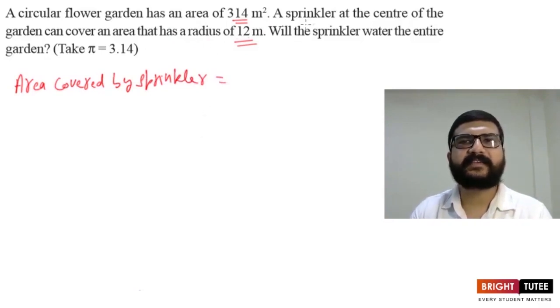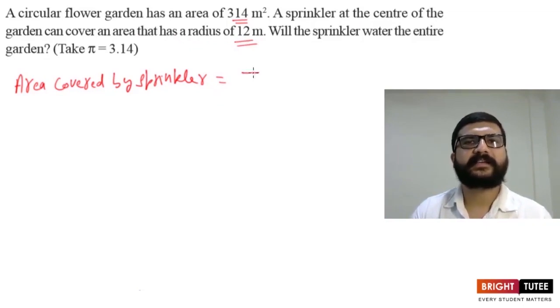As it is given here, a sprinkler at the center of the garden can cover an area that has a radius of 12 meters. So it means the area covered by the sprinkler is a circular area and its radius is 12 meters. So its area should be equal to pi r square, where r is 12 meters.